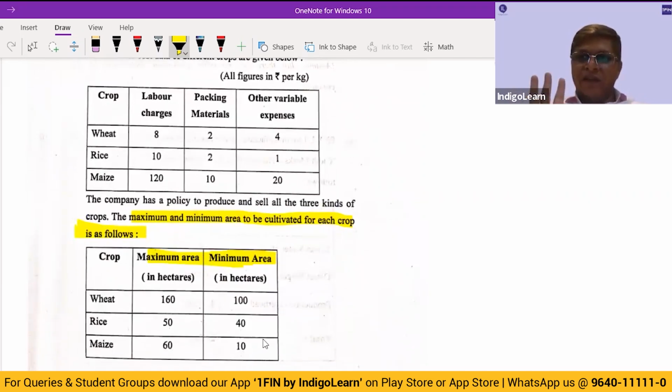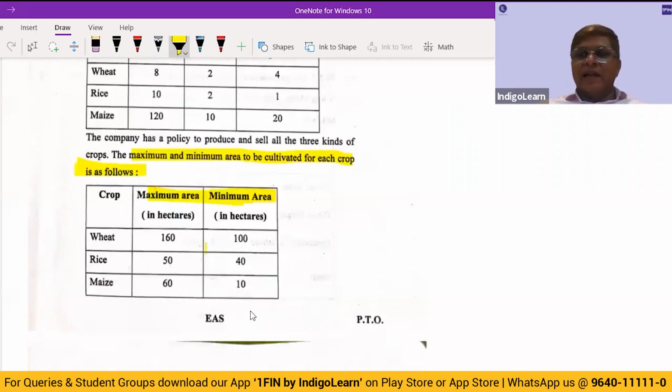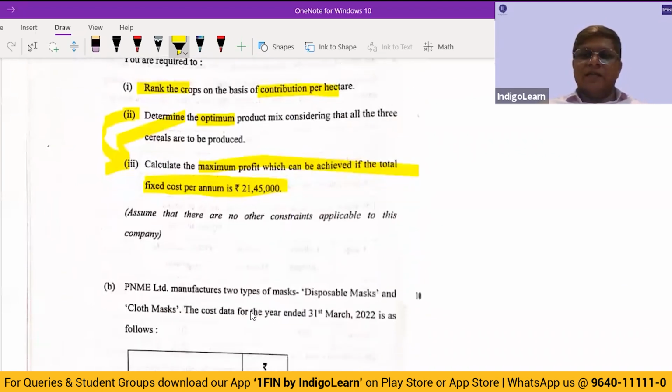So for 150 hectares, there is no decision making. For the balance 60, we have to decide whether we will do wheat, rice or maize. But we also have to keep in mind that there is some maximum that we can do and not beyond that. So that kind of evaluation has to be done and that should be given in the answer.